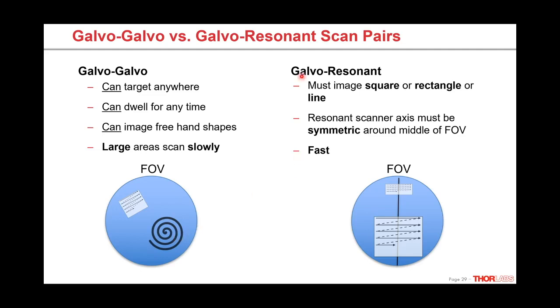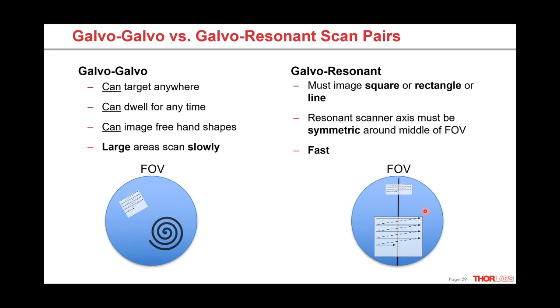Now, galvo-resonant scan pairs are significantly different. Because the resonant scanner is fundamentally different than the galvo scanner, you can only image in a square, rectangle, or line, and you cannot rotate these scanned shapes. Furthermore, that line needs to be along the axis of the resonant scanner, which in this case is the x-axis.